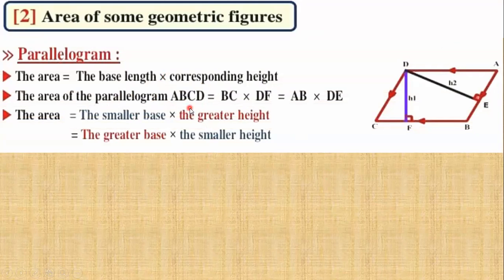The area of parallelogram ABCD is either BC multiplied by H1, or the smaller base AB multiplied by the longer height, H2. Once again, the area of a parallelogram equals the product of the smaller base and greater height, or the product of the greater base and smaller height. Is it clear now?